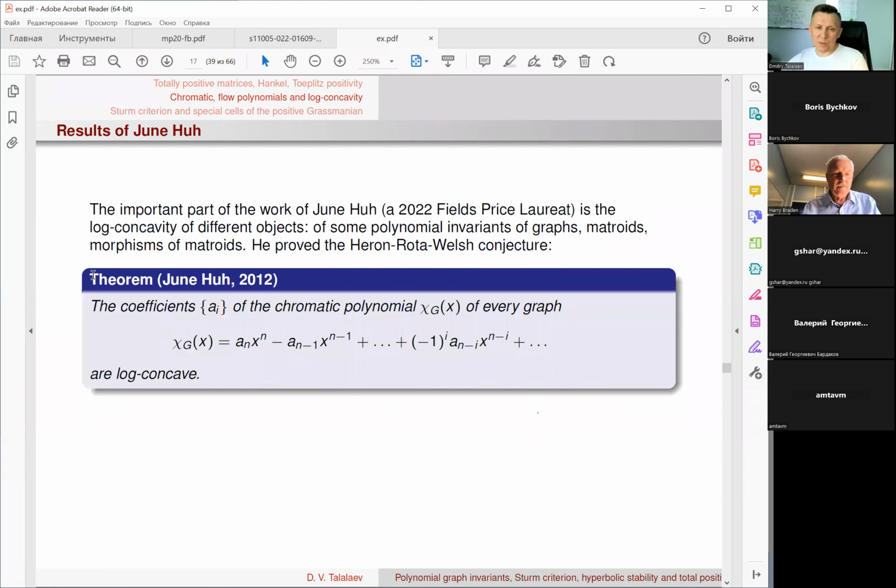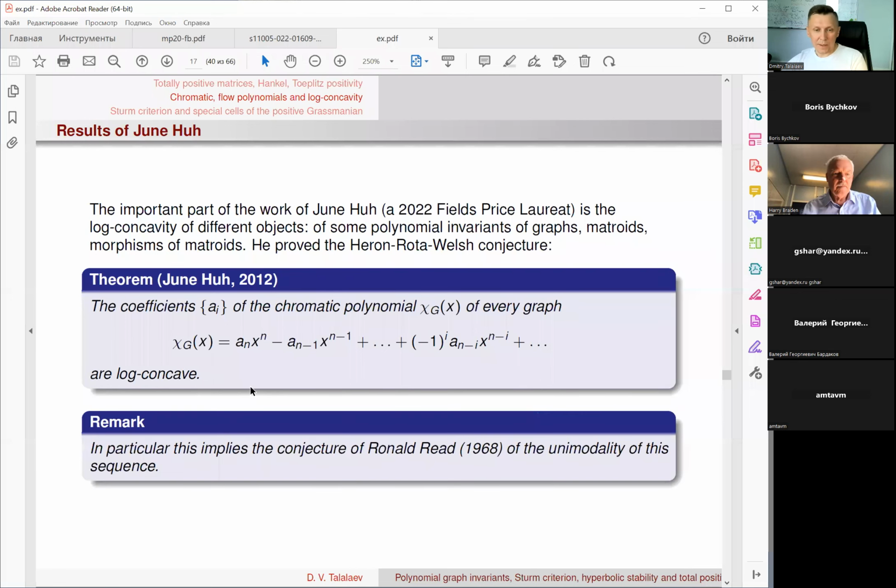For example, it demonstrates the following theorem, that the coefficients of the chromatic polynomial of every graph are log concave. In particular, this result implies the conjecture of unimodality of this sequence, which was stated by Ronald Read.